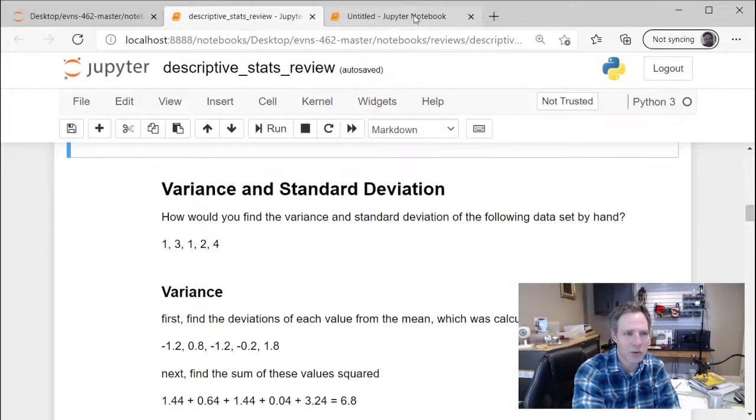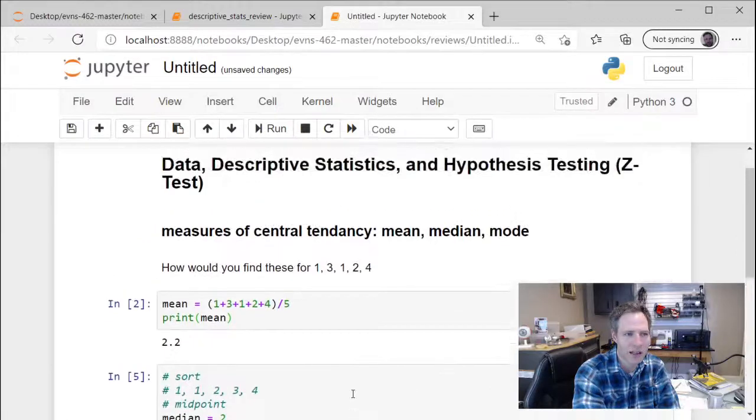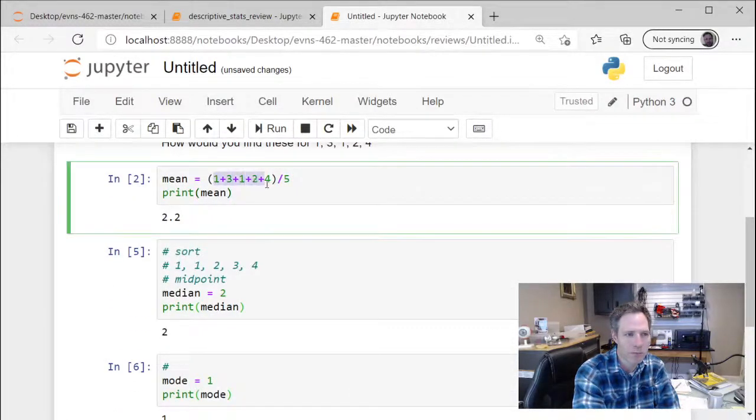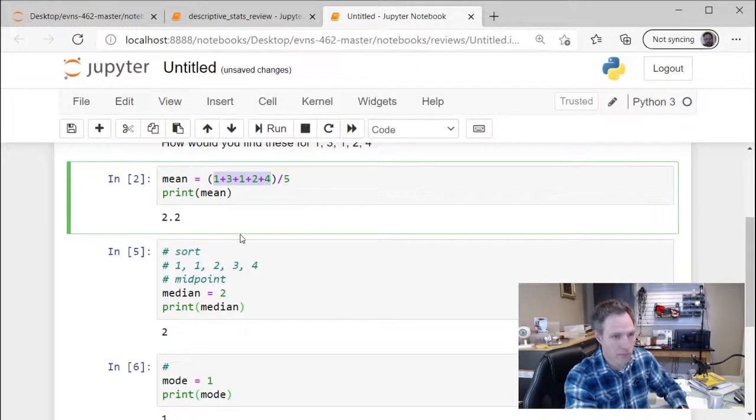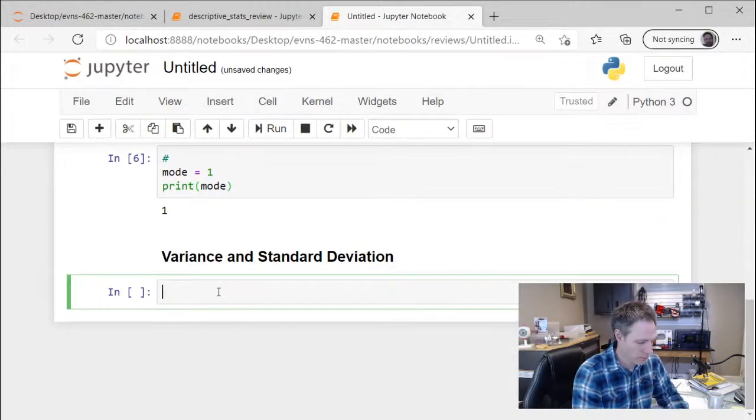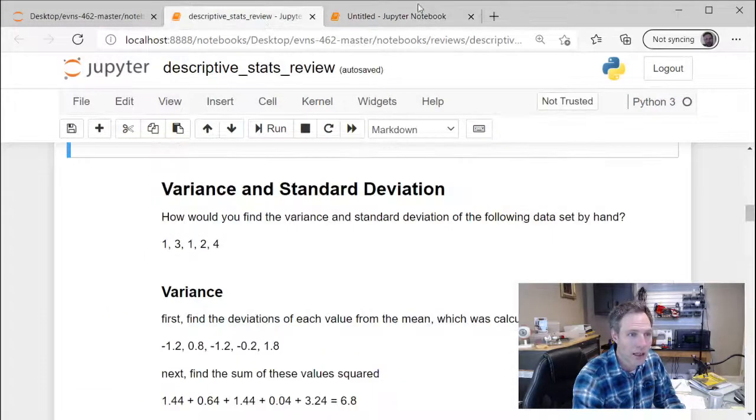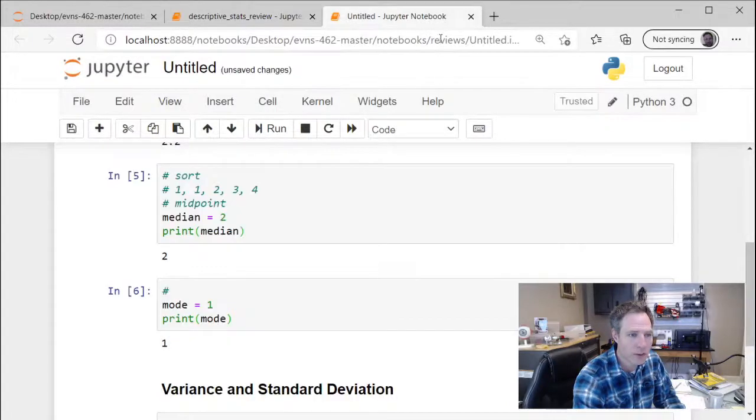And let's use the same data that we had up here. So I'm going to create a list of these values in my data set. Okay. And did I get them all? 1, 3, 1, 2, 4.